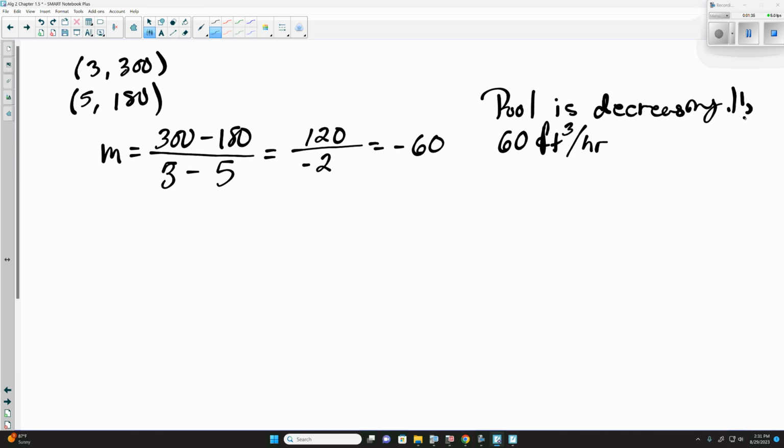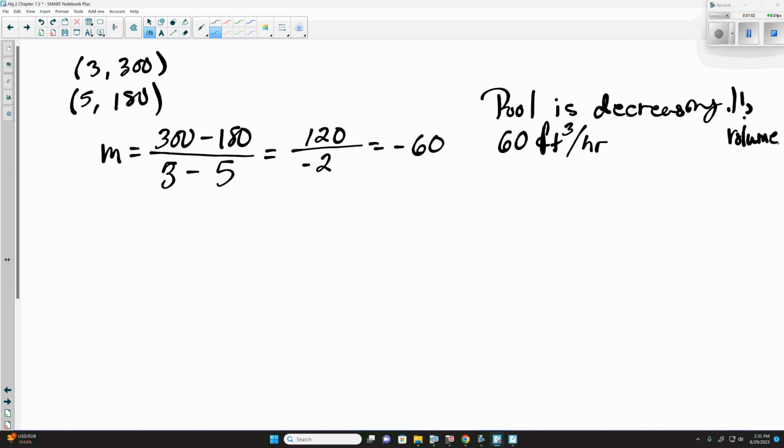Decreases volume 60 cubic feet per hour. Because I just need to put something in talking about the volume. So I wrote for every hour the pool goes down 60 cubic feet.